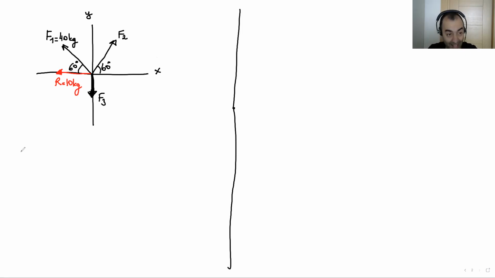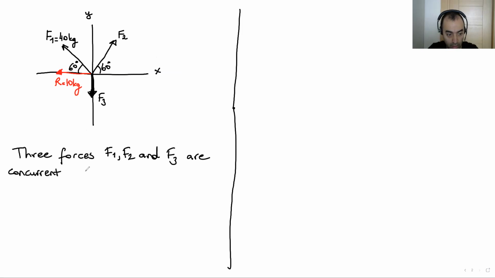I'm gonna write the total text here to see what we have. 3 forces, F1, F2, and F3 are around, this is point O, at point O as shown.